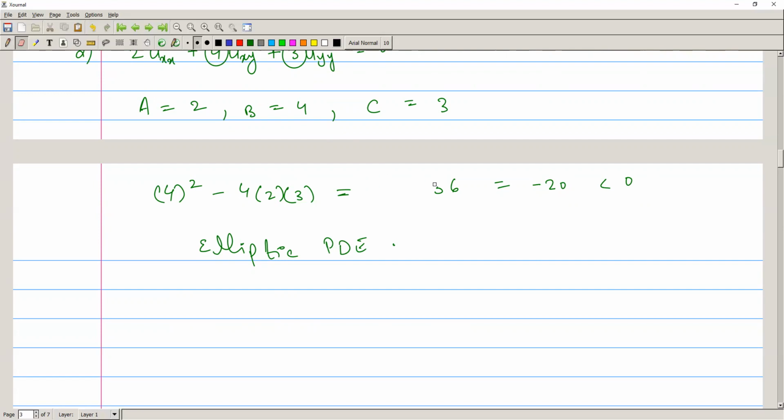Just a minute. It's actually 16 minus 24, that is equal to -8, which is less than 0. Right? So in any case, it's negative and it's less than 0. So this is an elliptic type of PDE, right?